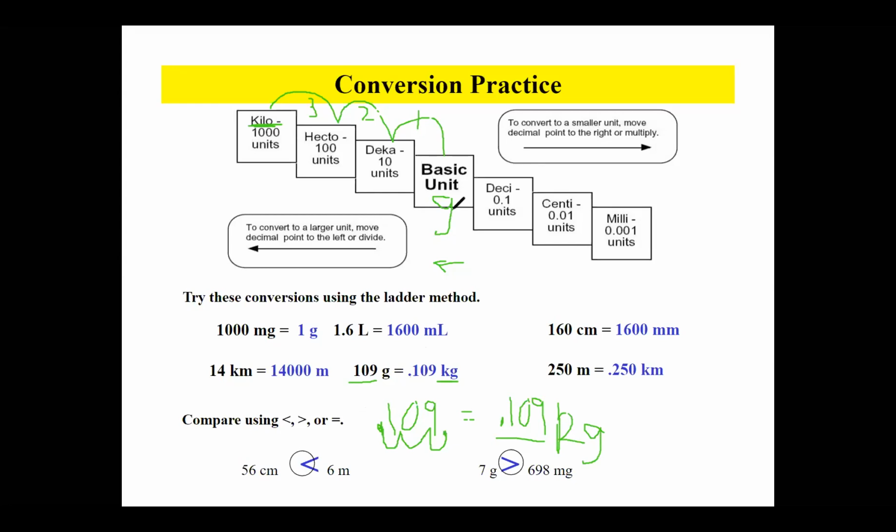We started off at grams, figured out we had to move 3 jumps to the left, took our decimal point at the end of our number, moved it 3 jumps to the left, and ended up with the decimal point in front of the 1. That gives us 0.109 kilograms.